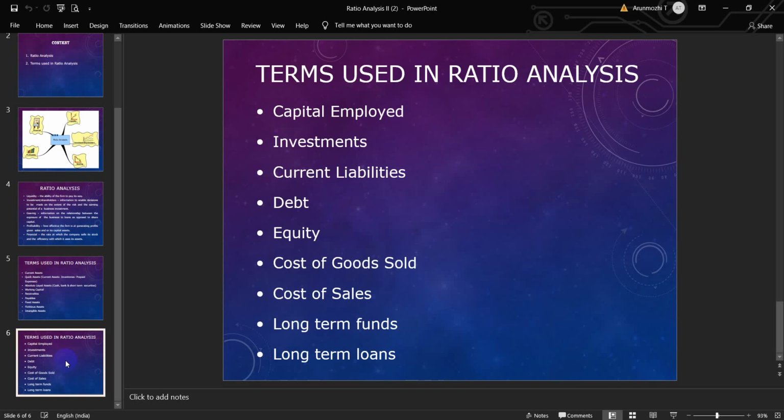Cost of sales, also called cost of goods sold, represents the direct cost related to the manufacturing or purchasing of a good that is sold to a customer. For long-term funds, we have the debt funds, which are invested in long-term debt, securities and money market investments. Long-term loans are loans whose repayment is spread over a longer period of time.